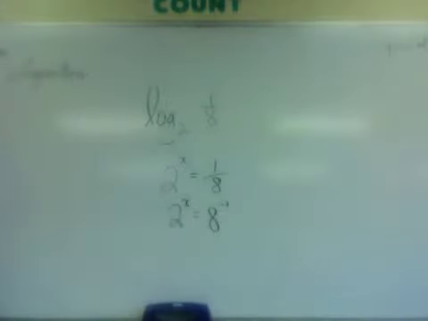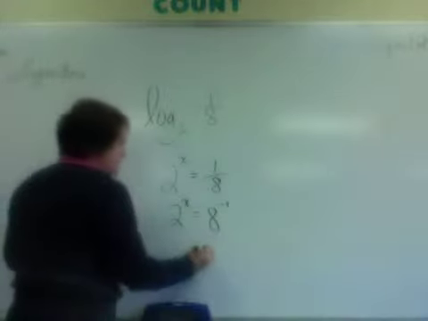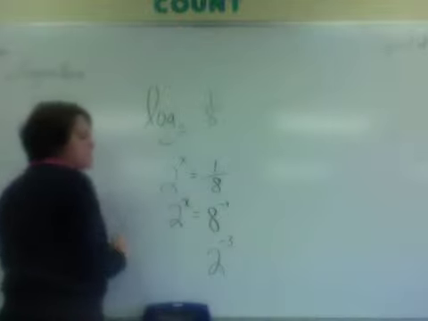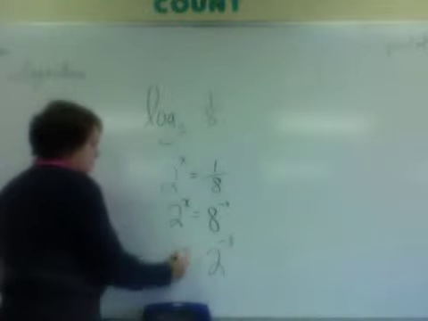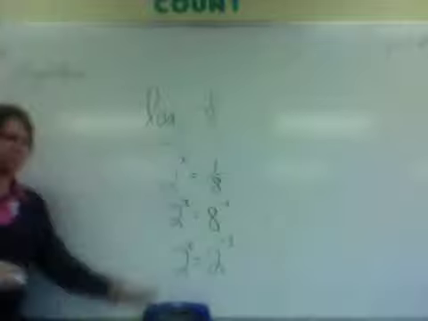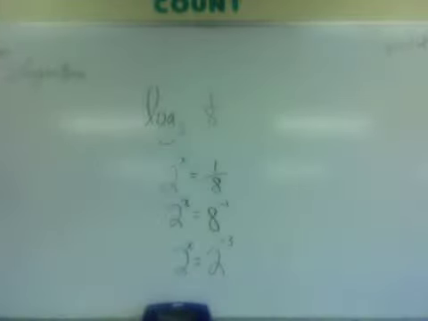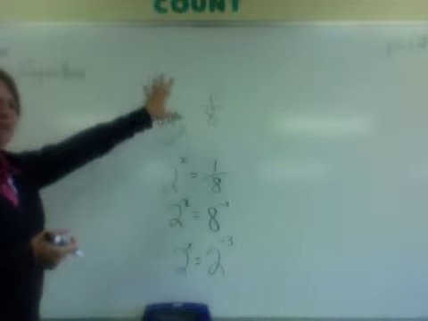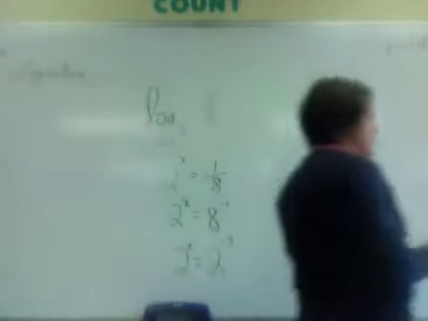Now you've got to make your bases equal. 8 is 2 cubed, and 2 cubed to the -1 is 2 to the -3. Now that my bases are equal, I need to make my exponents equal, so x has a value of -3. The solution here is -3, evaluating a logarithmic expression.